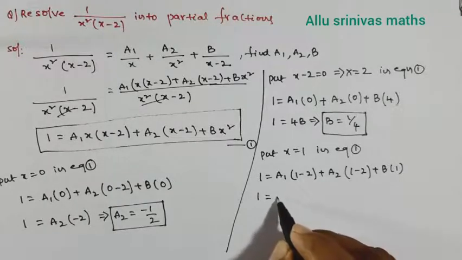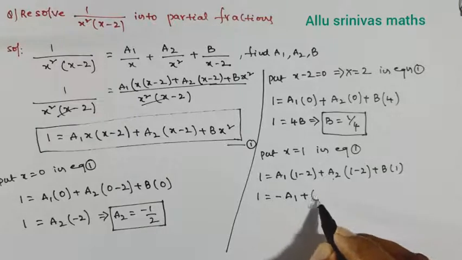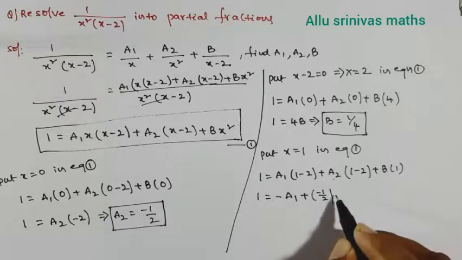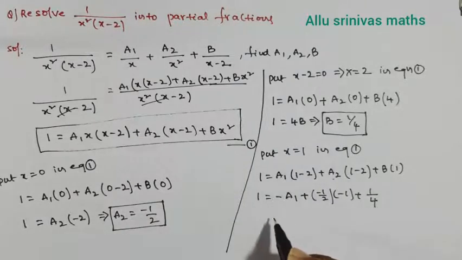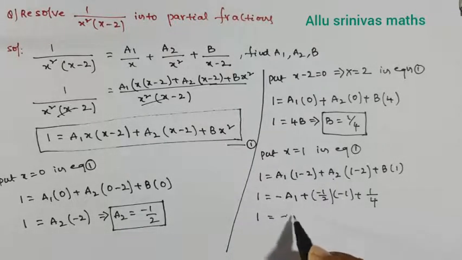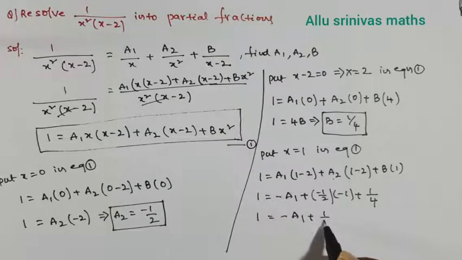1 minus 2 is minus 1, so minus a1. a2 is minus 1 by 2, 1 minus 2 is minus 1, and b is 1 by 4. Then simplify. 1 equals minus a1 plus 1 by 2 plus 1 by 4.